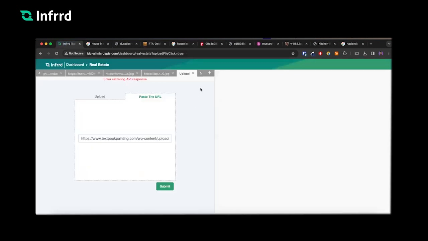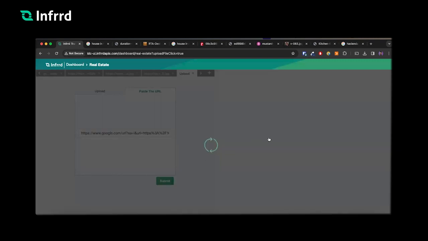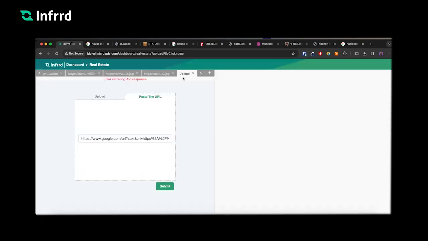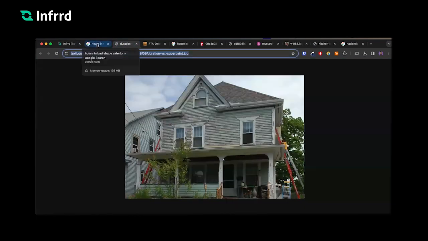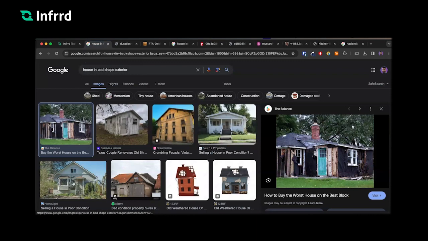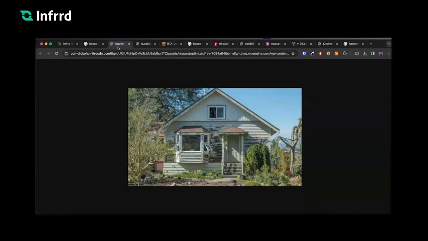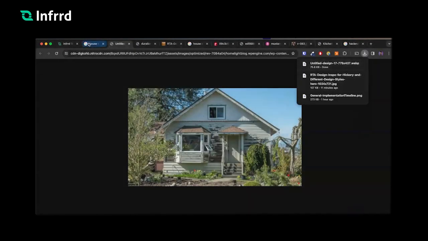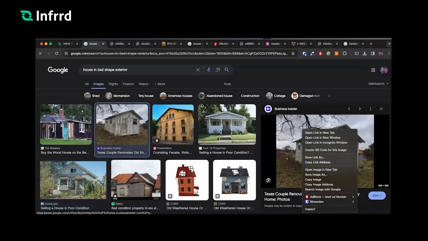Copy link address. Let me try to save this as an image. Okay, these are not image files. Let me try to find an actual image file.